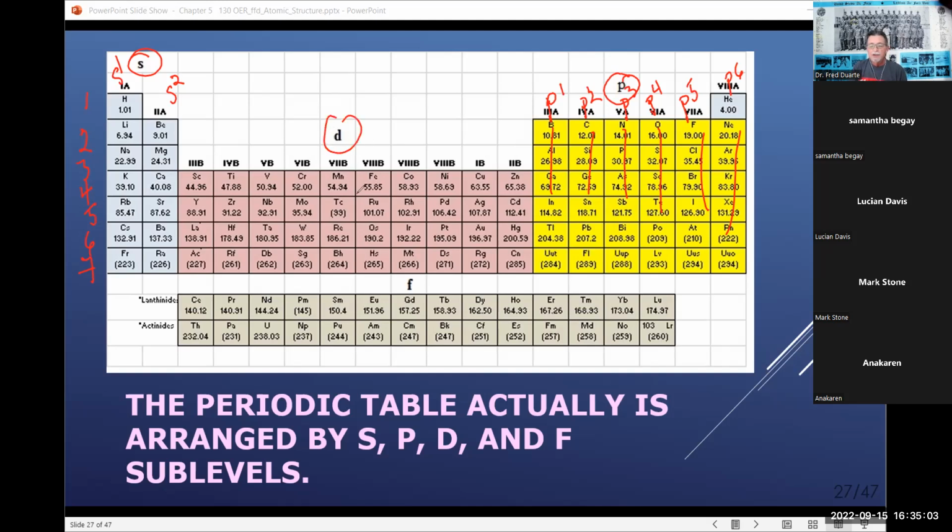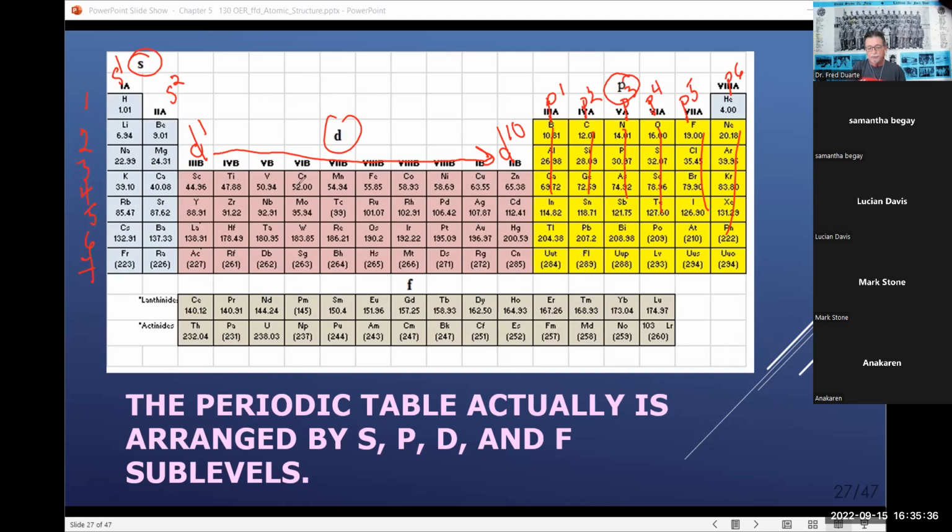Look at the D. In the D, we have 5 d orbitals, and each one can handle 2 electrons. So there are a total of 10 electrons for the D orbitals, right? So we can start from here, D1, and go across to D10, okay? Now for us in Chem 130, it's going to be sequential. So I'll show you a table where it's not going to be sequential.